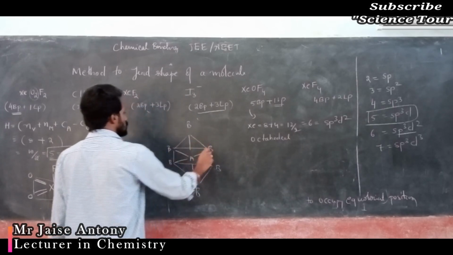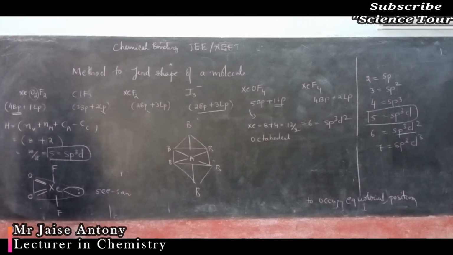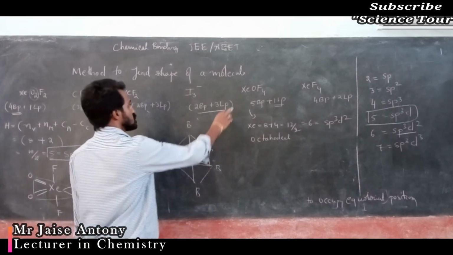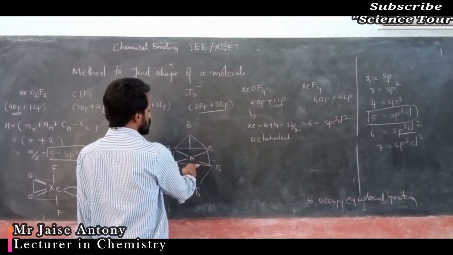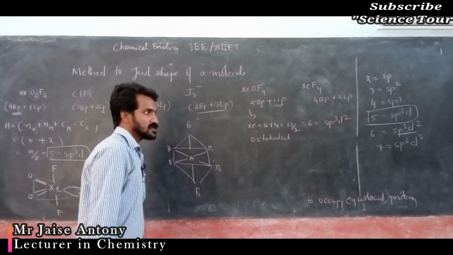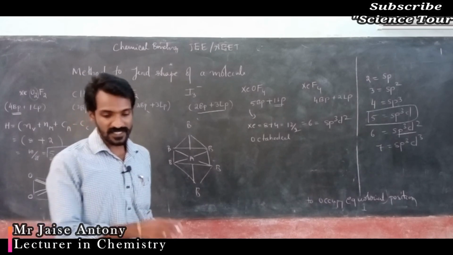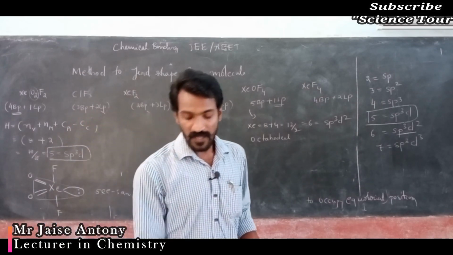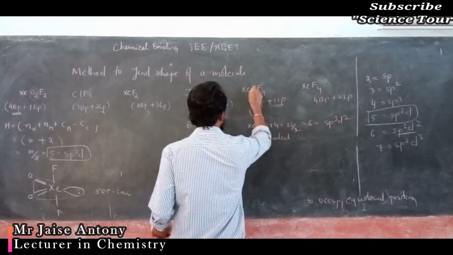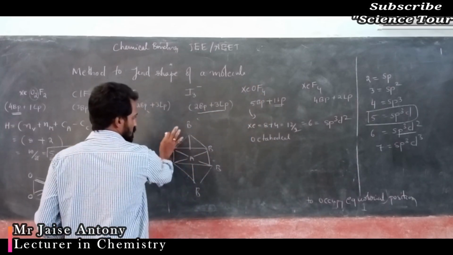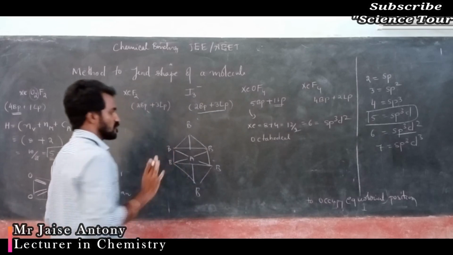General geometry I wrote here. Understood? For this one, where can I place the lone pair? Any position here or in the equatorial position I can place. But in this case, I place this particular oxygen. Now look at this one. This is the general geometry written. Okay, over.